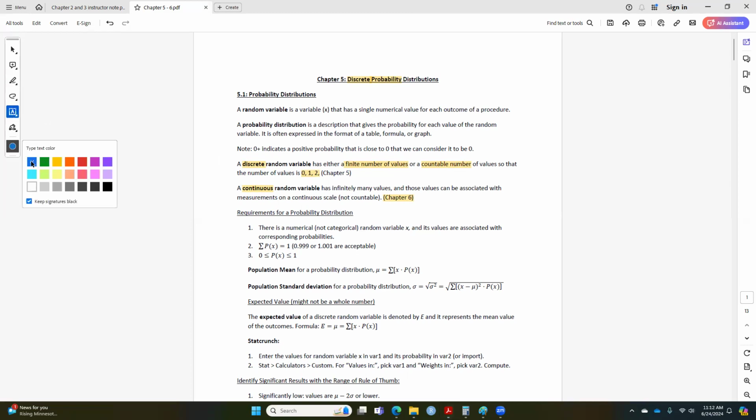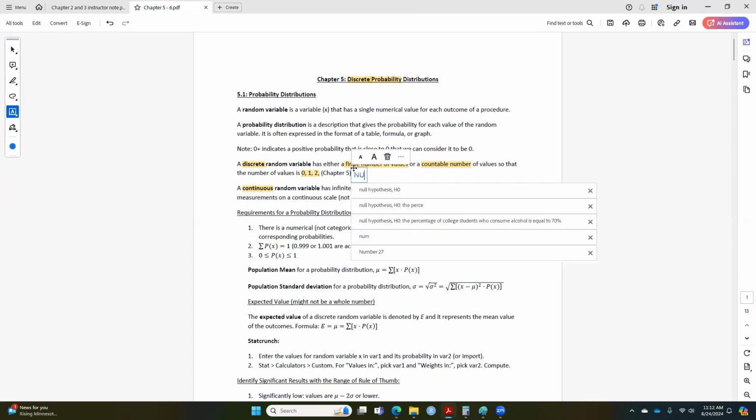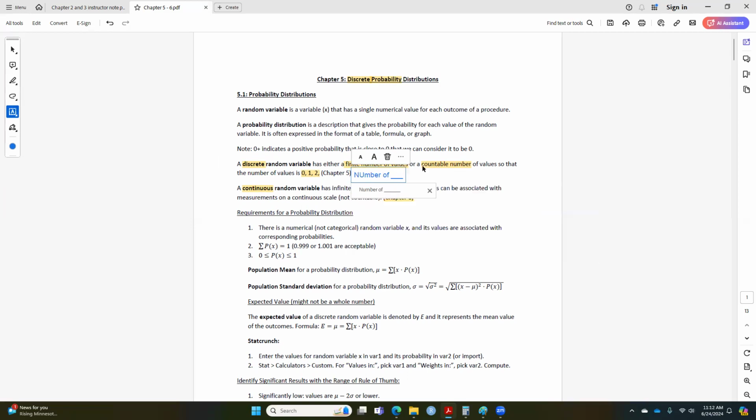Examples: number of cars you have, number of credit cards, number of pens, number of people. Your answer is either 0, 1, 2, 3, 4, 5. It cannot have decimals. So that is what chapter 5 is about: mostly countable numbers.